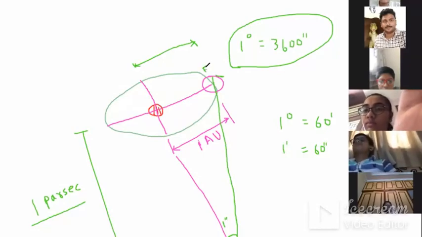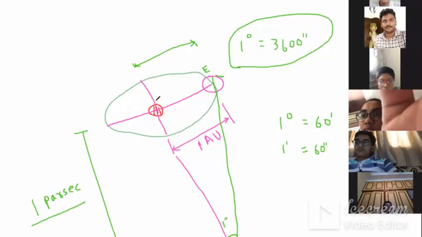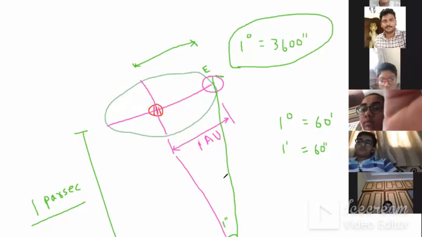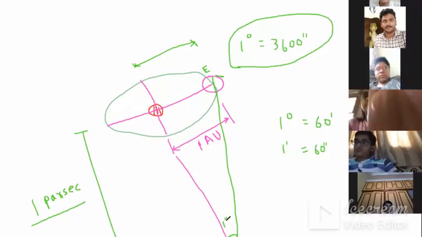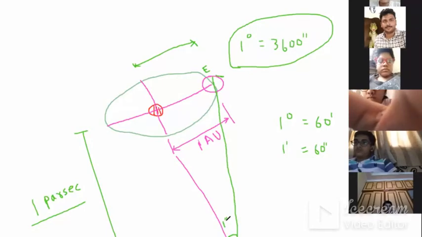Now you take half of the major axis, that is the distance between sun and earth, and you draw a straight line from the sun and a tangent from the earth, and they finally intersect and make an angle of 1 second, not 1 degree. If you divide 1 degree into 60 parts, you get 60 minutes. Now take 1 minute from it and again divide it into 60 parts.